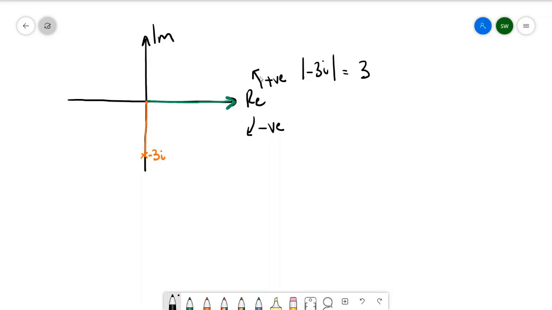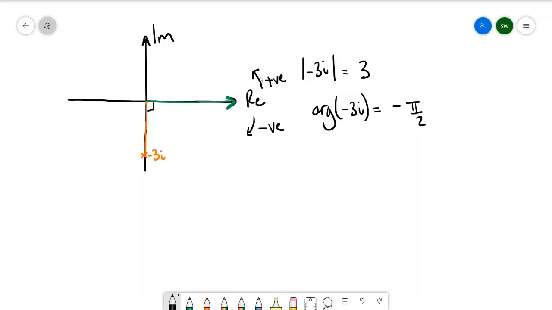So one way of referencing where this point would be is to go in the negative direction by an angle of pi over 2. So one way of saying the argument of this complex number would be minus pi over 2. Minus because we've turned clockwise from that green line.